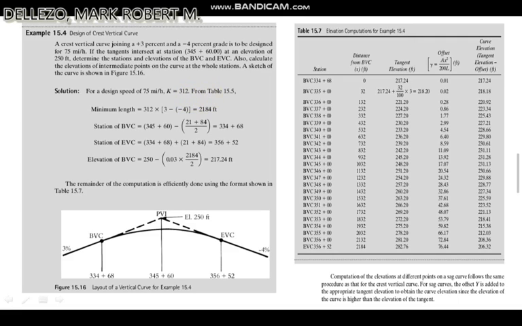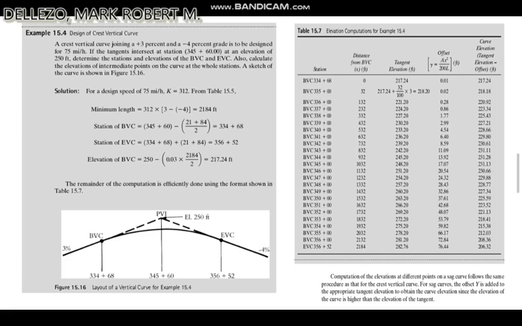So the minimum length is 312 times open parenthesis 3 minus negative 4 close parenthesis, so it equals 2,184 feet.